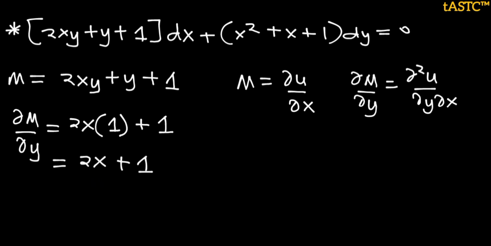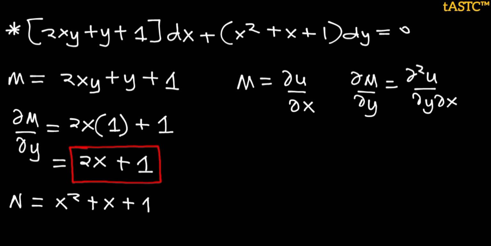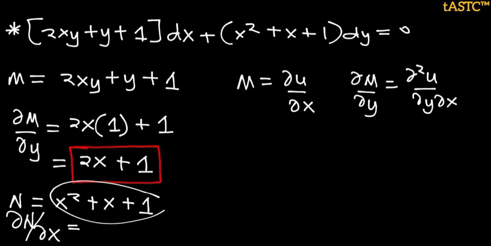Now let us try to find out what n is. So we got n equal to x squared plus a x plus a 1. Now what is going to be dn dx? If we want to find dn dx, we need to differentiate this with respect to x. The derivative of x squared is going to give us a 2x, and the derivative of a x will be a 1.